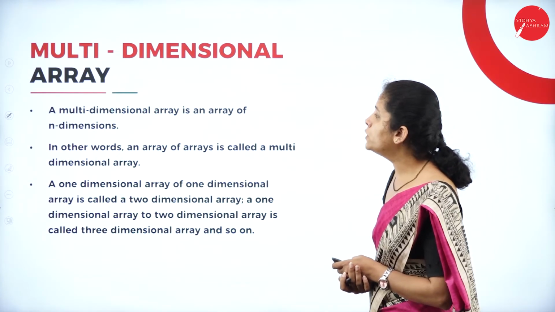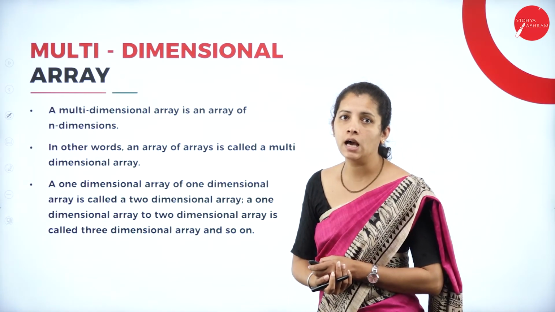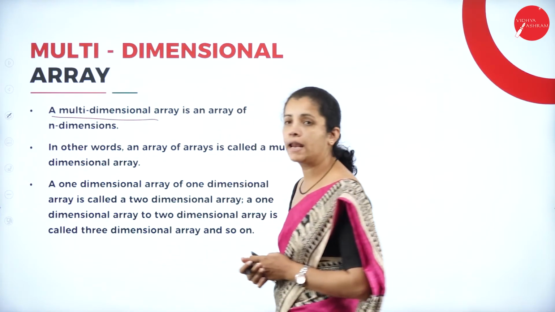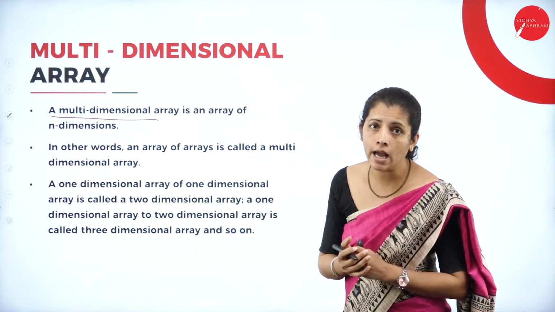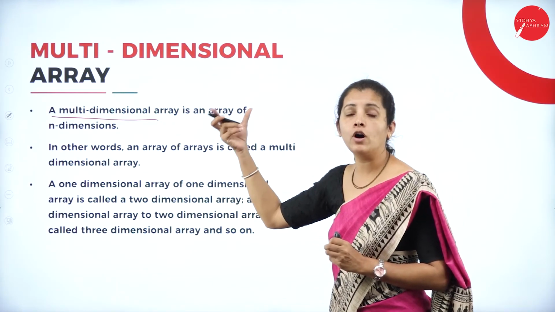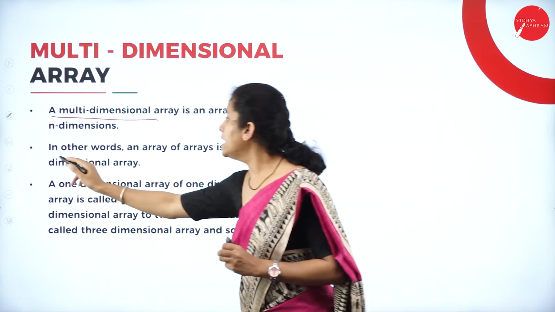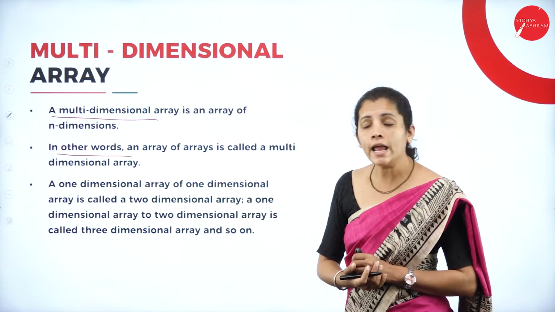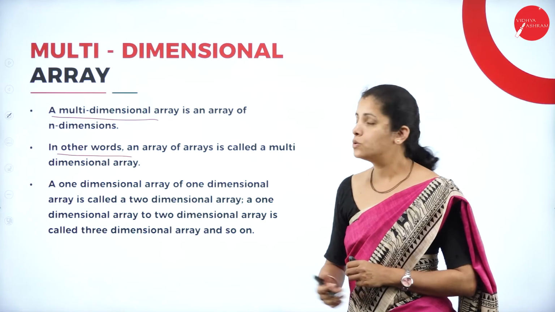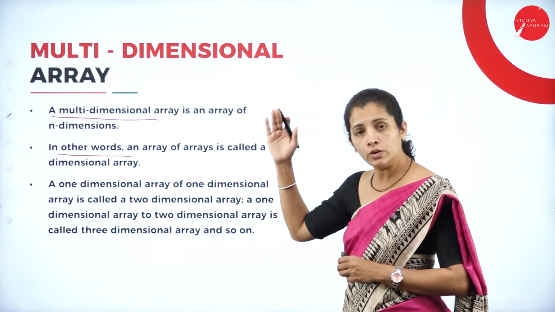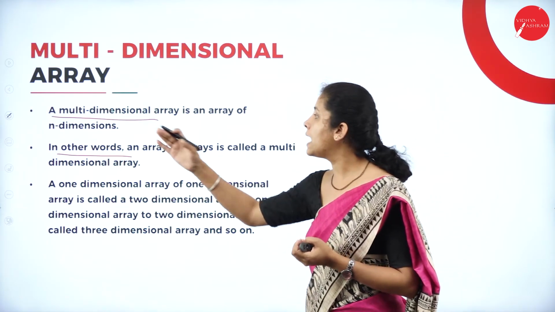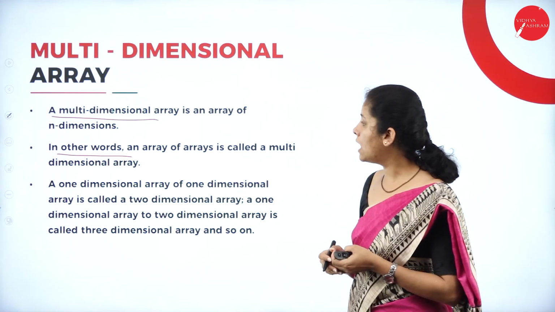Now, I'm going to cover the multi-dimensional array. So, here a multi-dimensional array is an array with n dimensions. So, I'm going to have n indices. In other words, an array of arrays is called a multi-dimensional array. So, when I define an array of arrays, it is known as a multi-dimensional array.